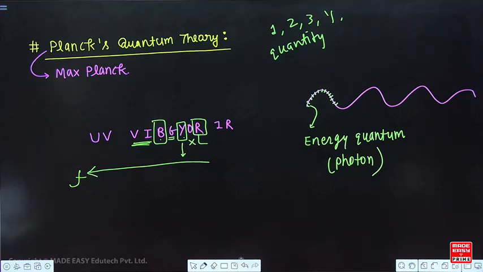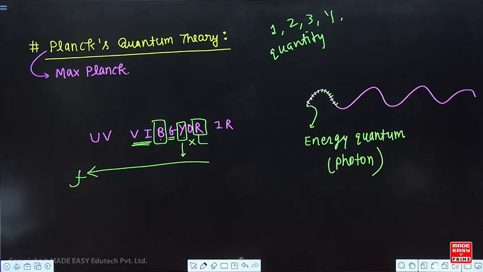Some people are saying to repeat it. Listen again. Planck suggested that atoms and molecules could emit or absorb energy only in discrete quantities and not in a continuous manner. Full stop.